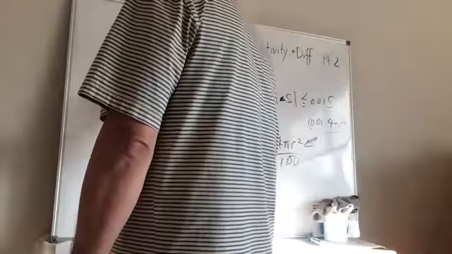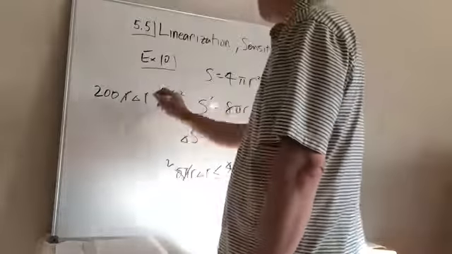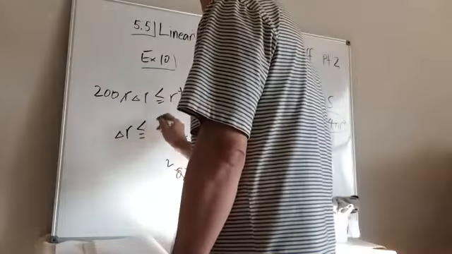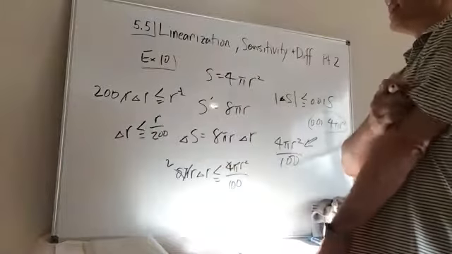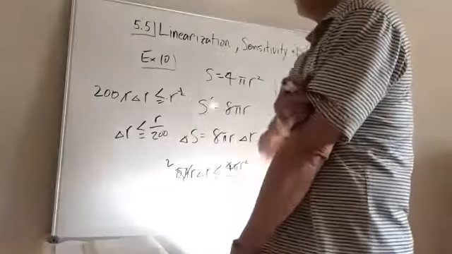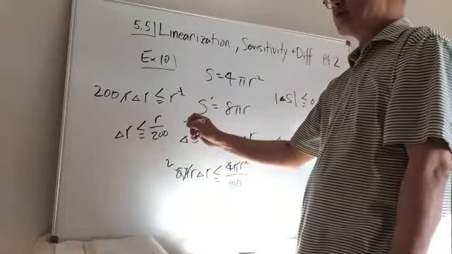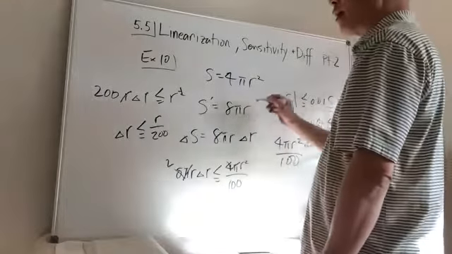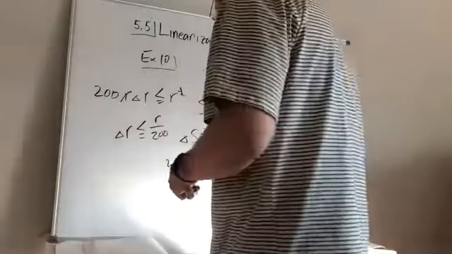I get 200 r delta r, the r's cancel out, so delta r has to be less than r over 200. So I cannot change the radius by more than 1/200th of the original radius, because if I do more than that, this will not work, and I'll have a greater than 1% difference there.